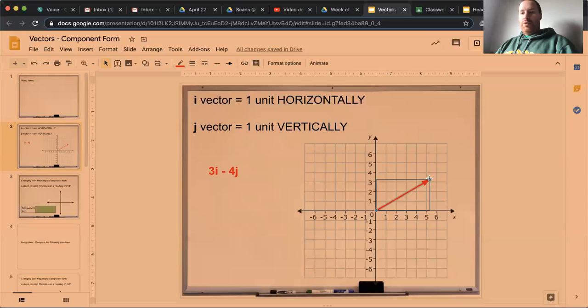So in other words, go down 4, right? So it's the same as graphing the point (3, -4). You can get the sense here that it's very similar to graphing points, so we can use some trigonometry with that. But there's where that vector would be: over 3, down 4.